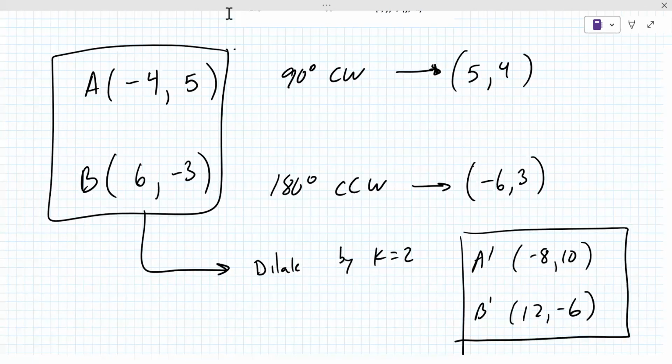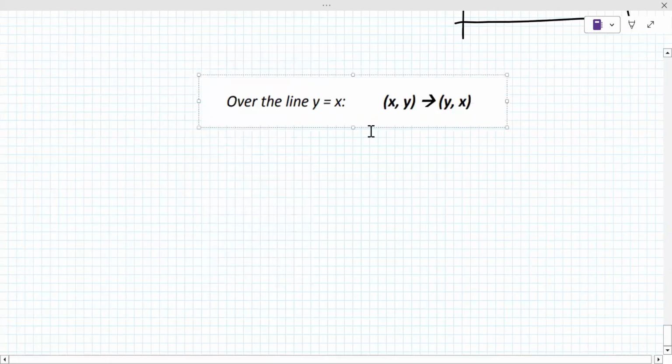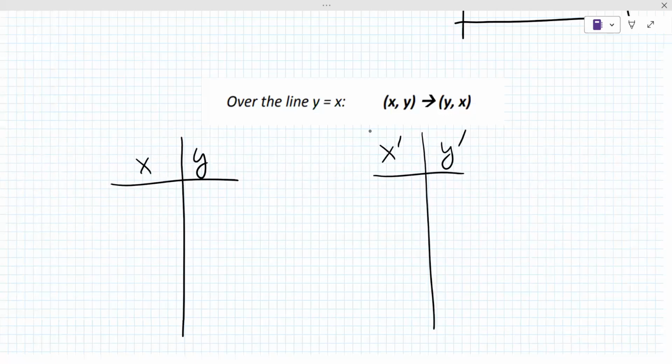Good. All right, so the other type of transformation that we've seen is over the line y equals x. Let's do a couple of points there. Let's say I give you this table, x prime, y prime: (-3, 2), (2, 3), (-3, -2).